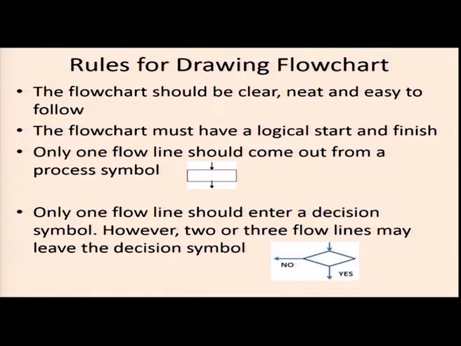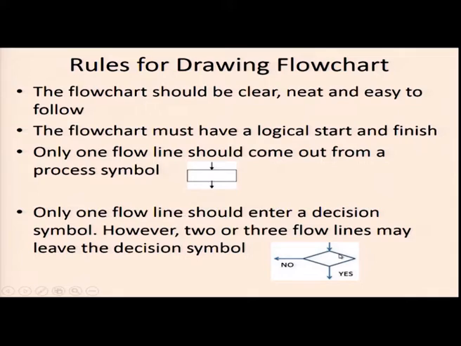If I am going to drive a car or a bike and I am new to a particular place, if I do not know the direction, if I am held up at the signal, I need to take a decision whether to go straight, move right or move left. Such a decision you represent in the flow chart with the help of a diamond symbol.